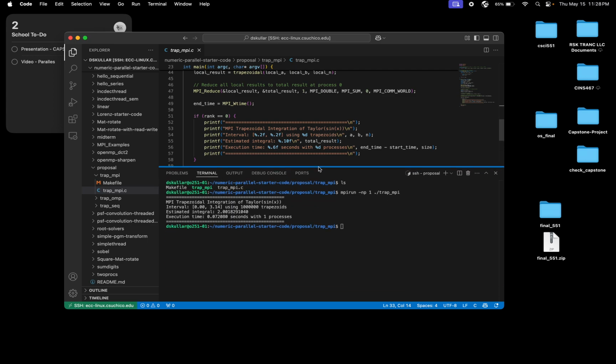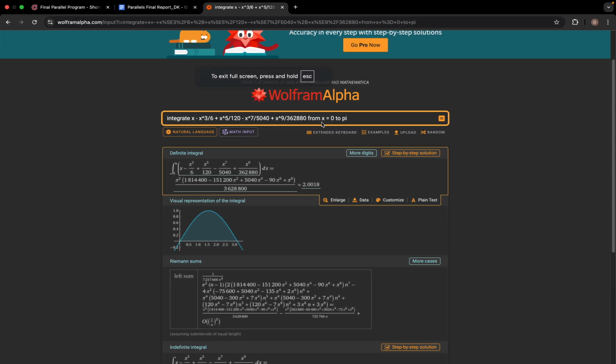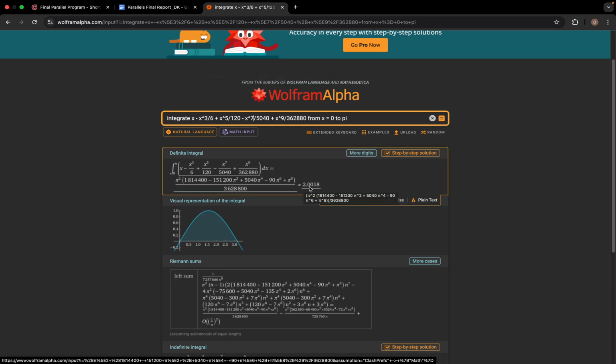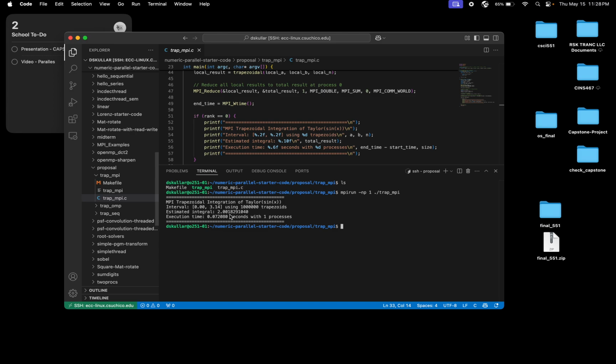Here we can see our result, and we can confirm this on Wolfram Alpha. We put the equation here, and the result we got was 2.0018, and we got a very accurate result. The time is 0.07.